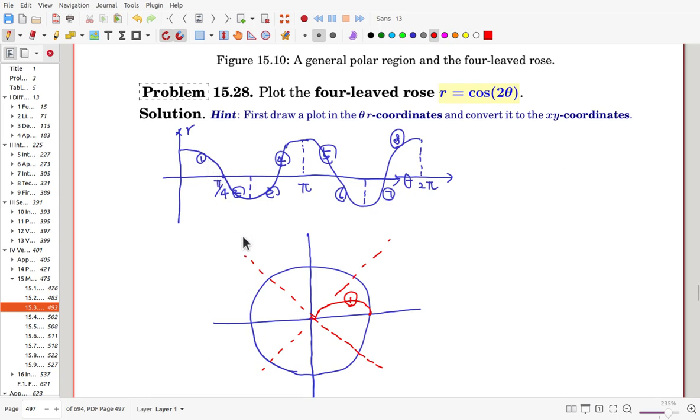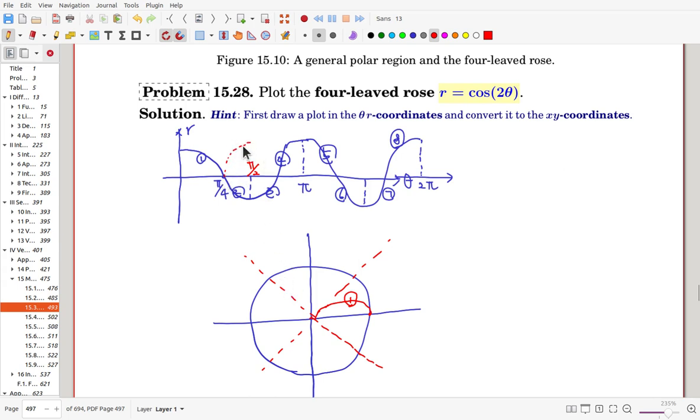Now, how about the second one? The angle is from pi over 4 to pi over 2. In xy coordinates, r is negative, so let's first consider the absolute value, positive 1. The angle goes from here to there and the radius from 0 to 1.